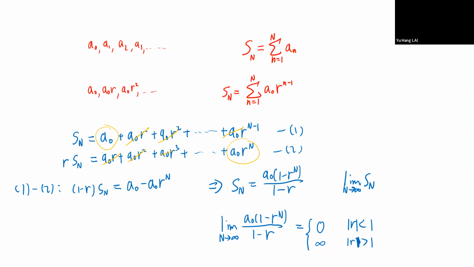This geometric series is nice enough that we can find a nice formula to calculate the sum. But what we are going to do in the following is that the series sometimes can be quite complicated, so that we don't really have a general formula to find the value of the sum, but still we have some way to tell whether the series is convergent or divergent.